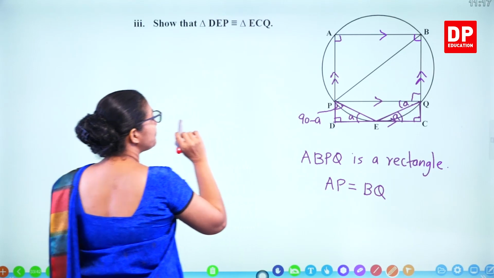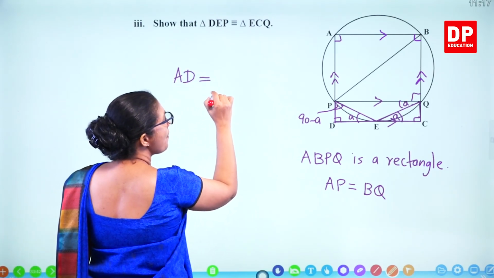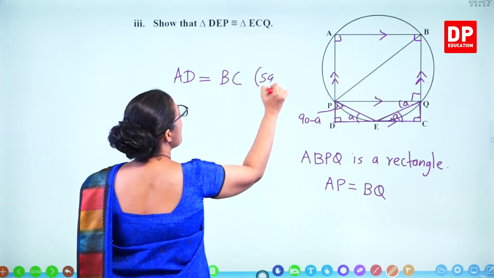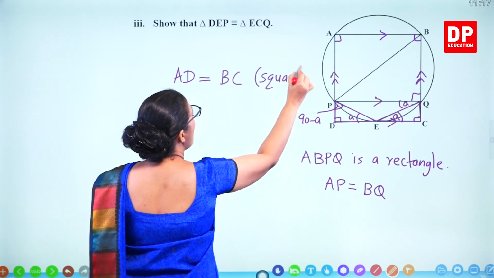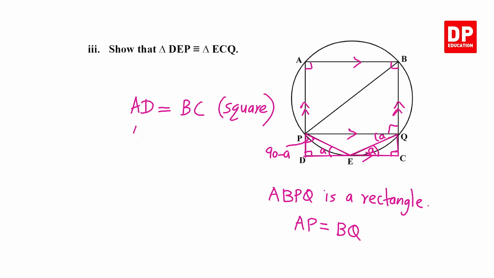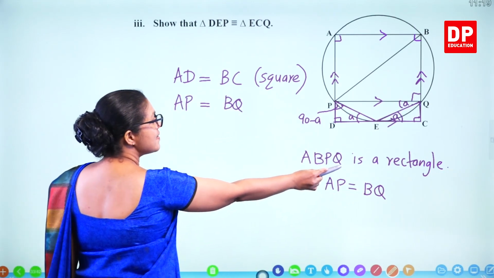We know AD is equal to BC because of a square. Opposite lengths are equal. Then AP is equal to BQ because this is a rectangle.